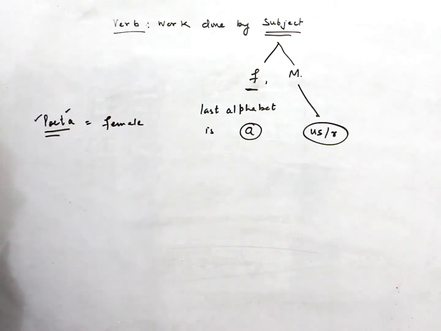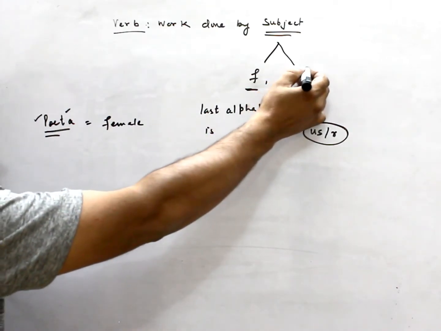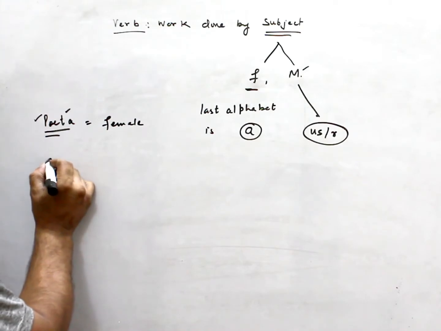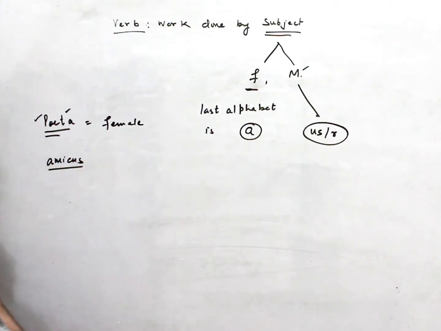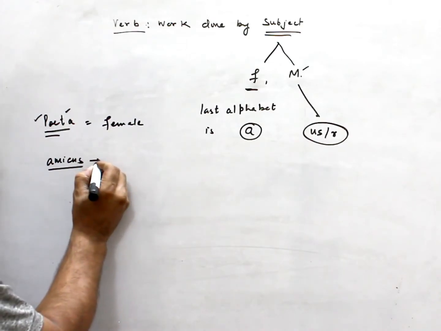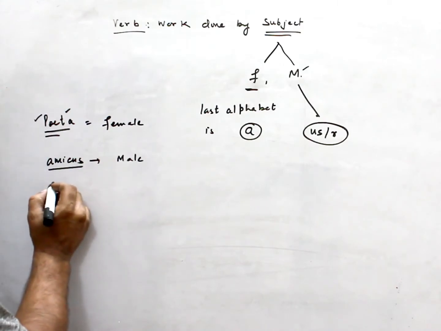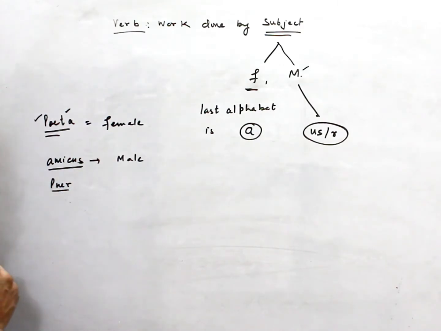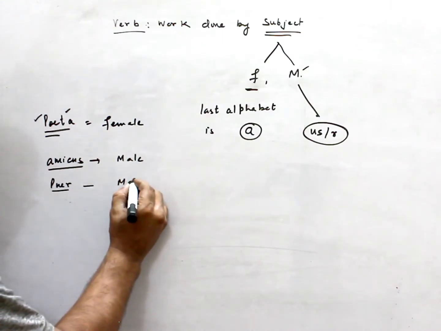Now we come to an example of male. This is female, and amicus is a male subject. Amicus, and one more subject, puer. This is boy. This is also male.